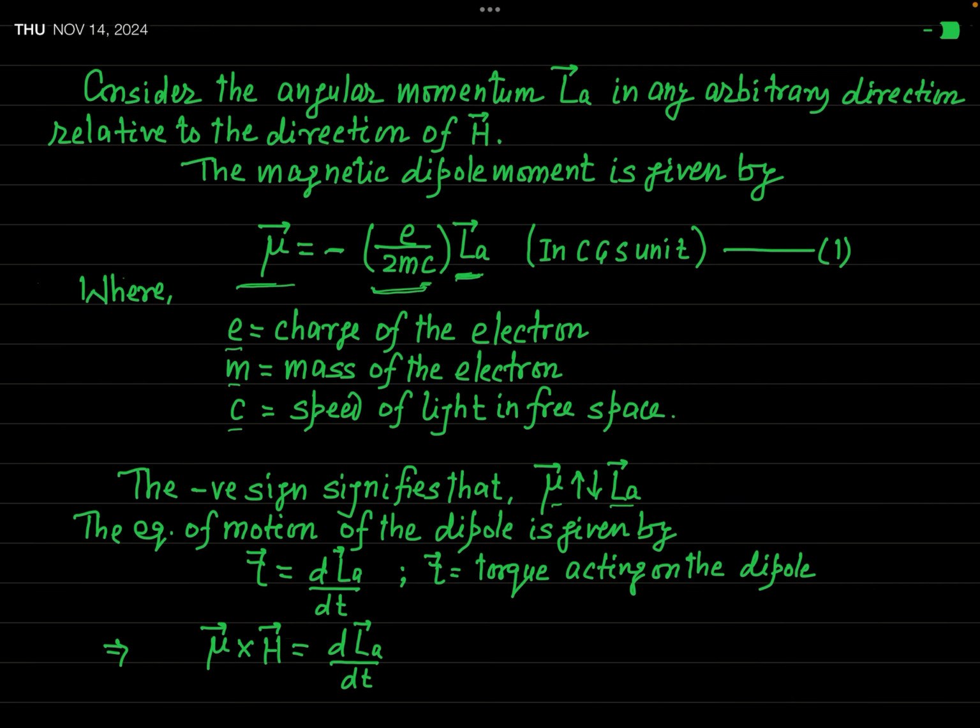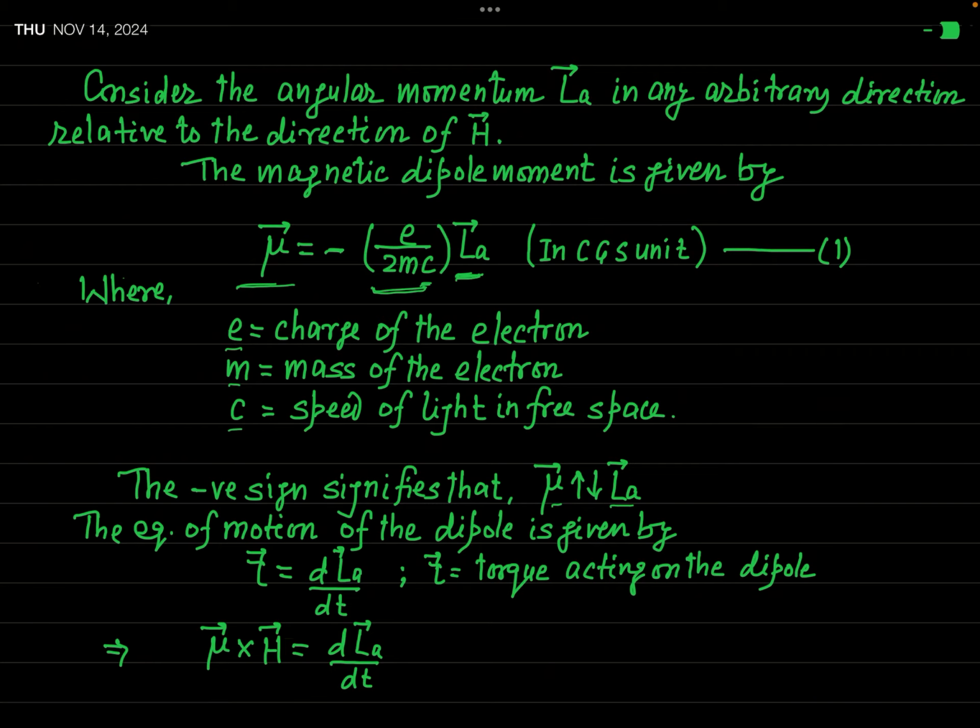Now, as you know, when the electron is moving in a magnetic field and behaves like a magnetic dipole, it will definitely experience a torque, because whenever a magnetic dipole is placed in an external magnetic field, due to the interaction between the field and the dipole, a torque acts on the dipole.